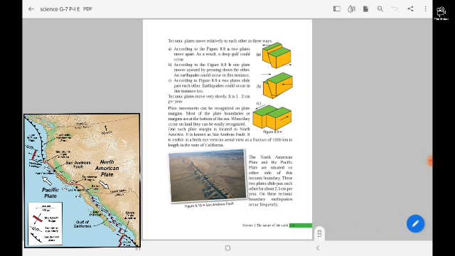These two plates slide past each other about 2.5 centimeters per year. On this tectonic boundary, earthquakes occur frequently. That means people living near it always get earthquakes. That's very dangerous, no?